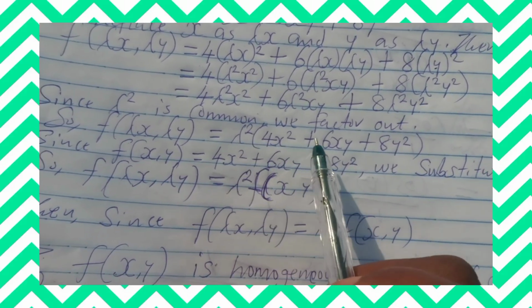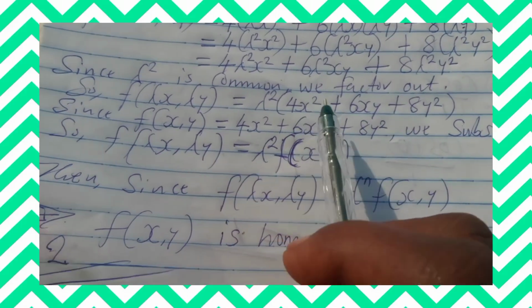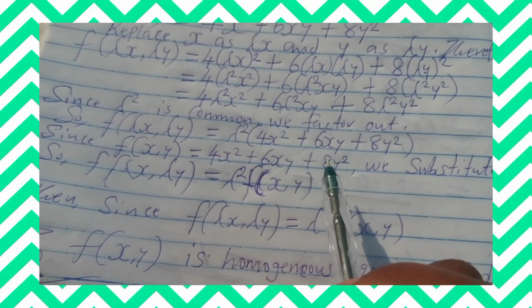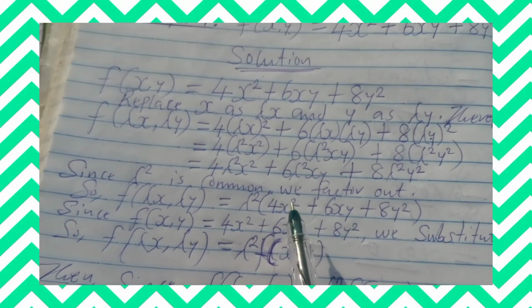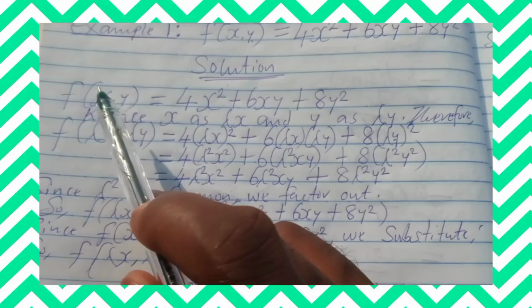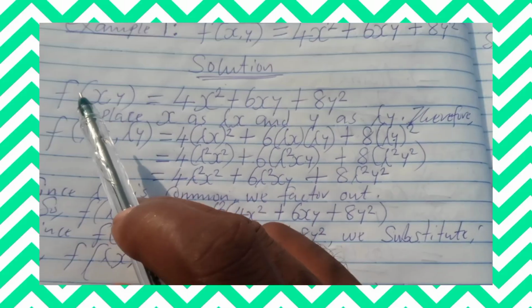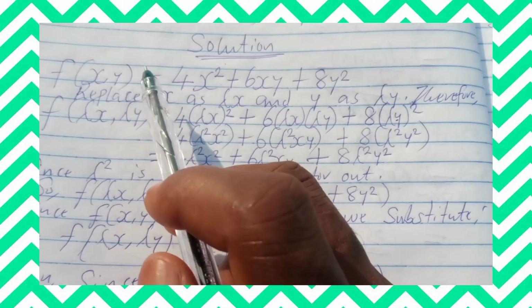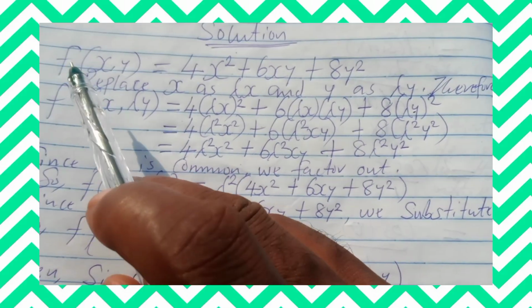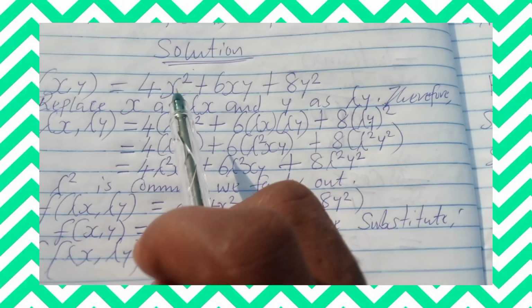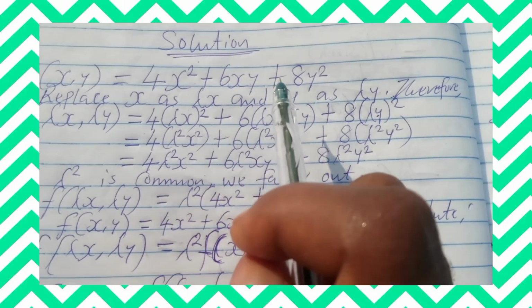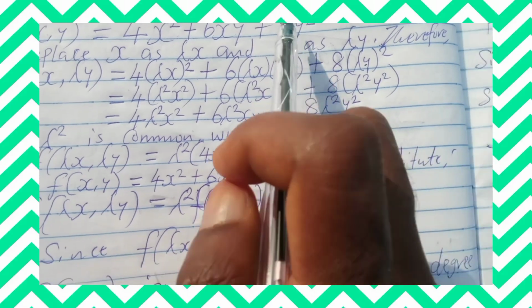And from this point, we know that 4x² plus 6xy plus 8y² was our first function, f(x, y).